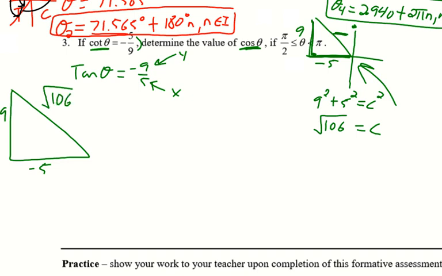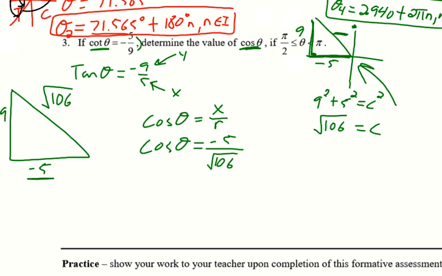So now I can quite easily say cos theta is equal to x over r. Now I know all of the sides of my triangle, so I can just plug it in. So cos theta is equal to negative 5, the adjacent side, over root 106.